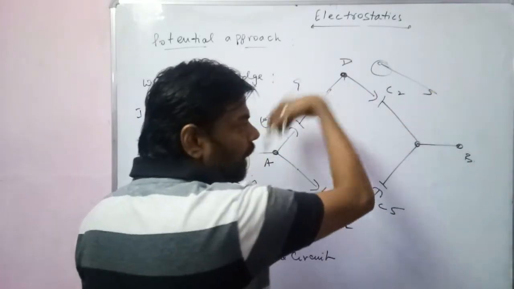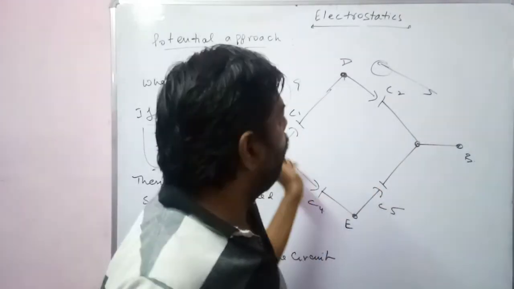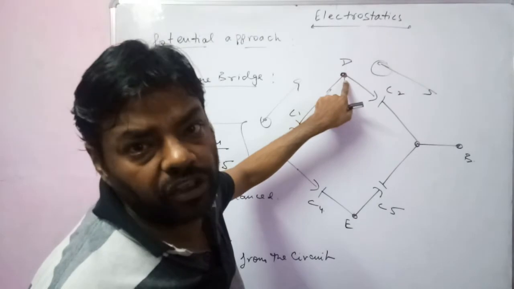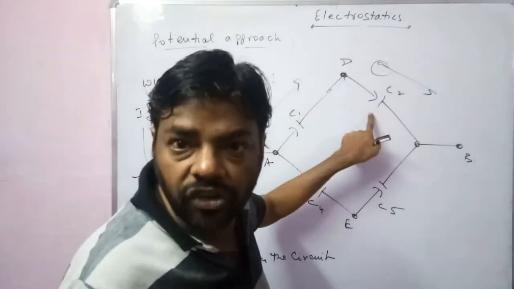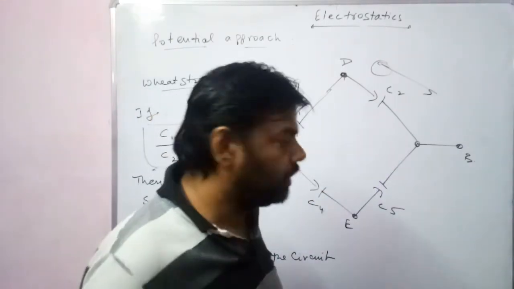Let us say the first path. When you are going from A to B via this path, there does not exist any branch at the point D. So C1 and C2 are connected in series with each other between A and B. Clear? बात समझ आ गई?